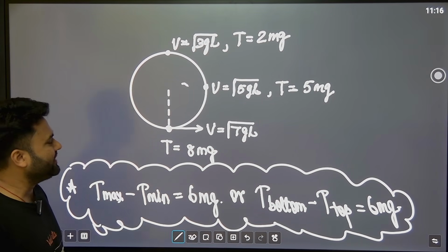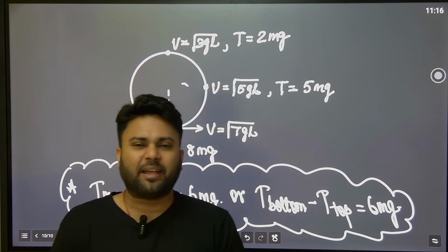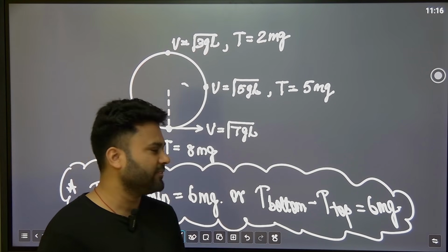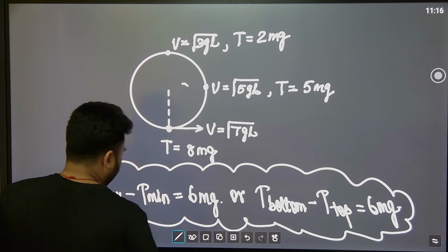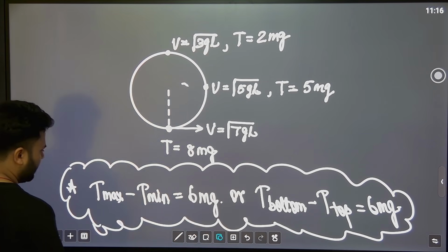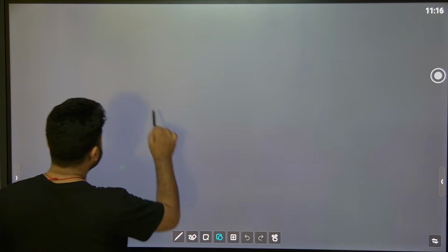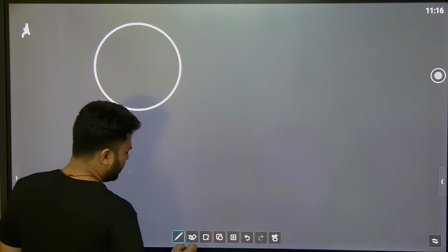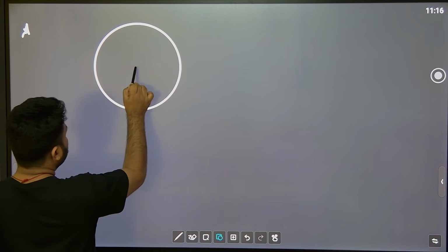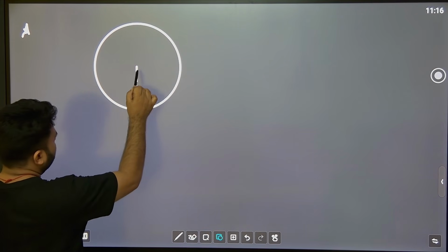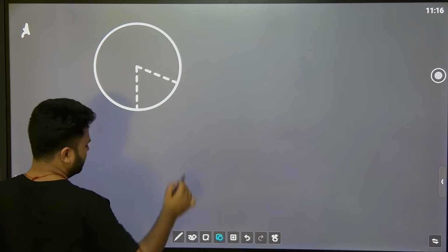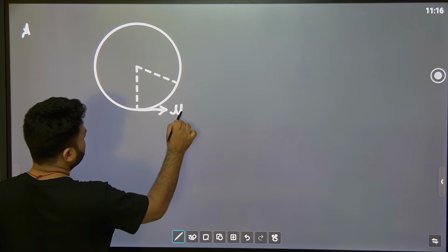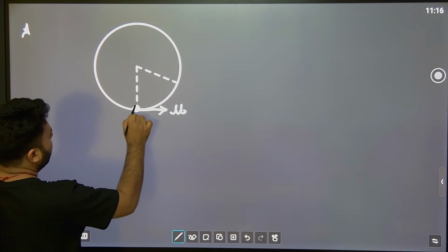Okay. So these things need to be clear, because sometimes these tricks, if you know them now, will save a lot of time. The speed at the bottom is u, suppose this is the ball.